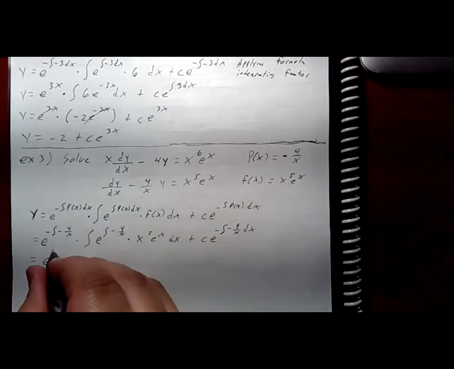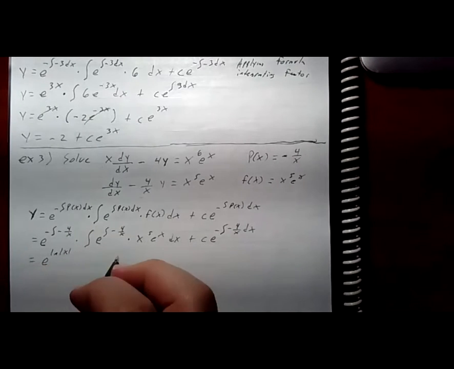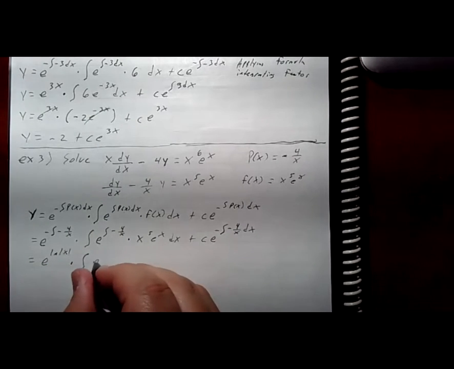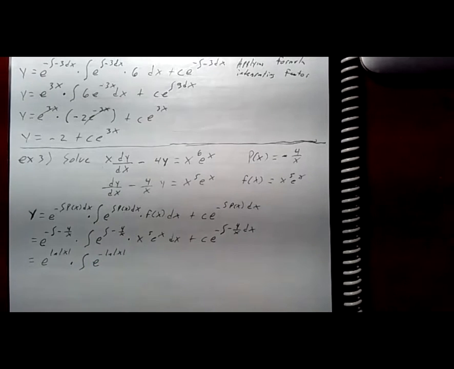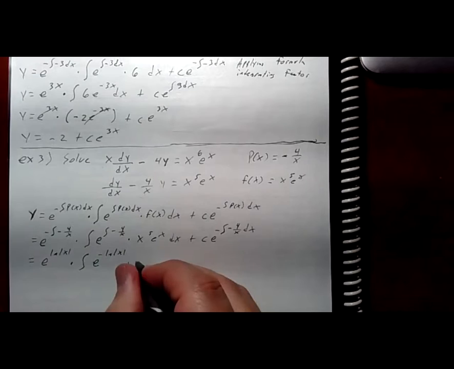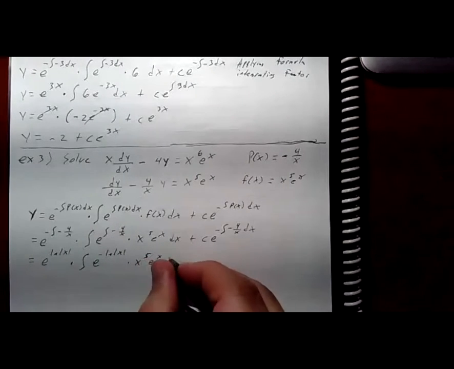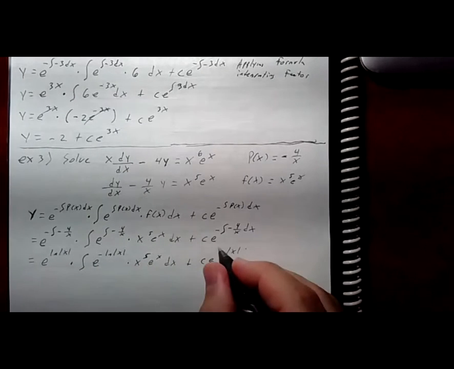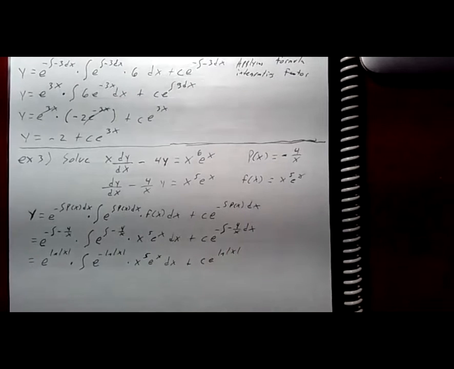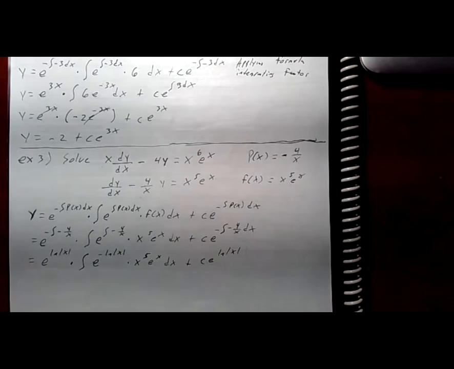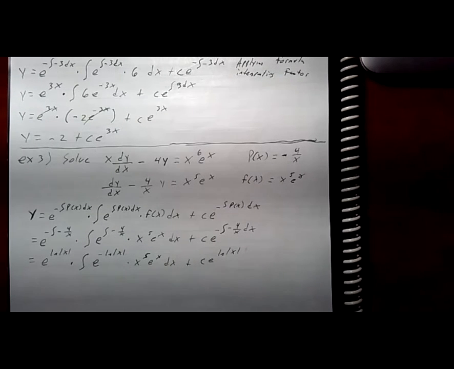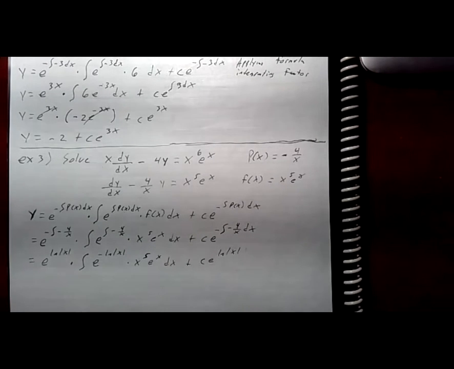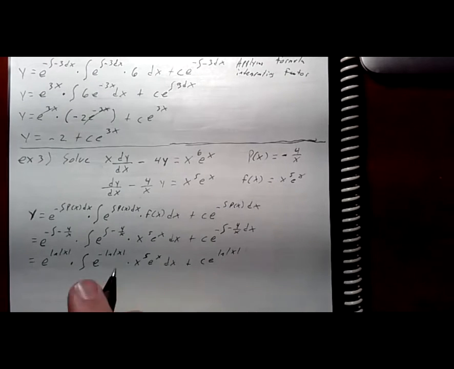That'll be e to the ln x times the integral of e to the negative ln x times this nonsense, plus ce to the ln x, right? Start simplifying.